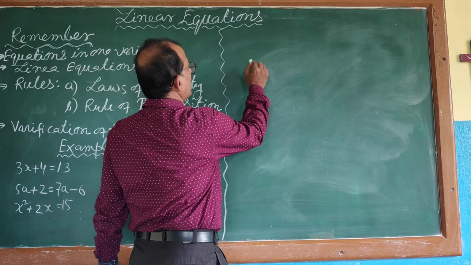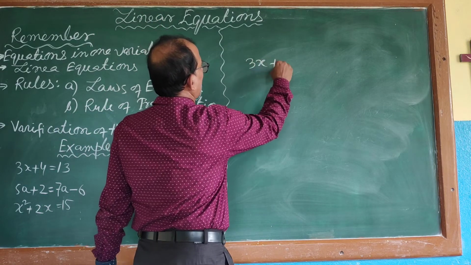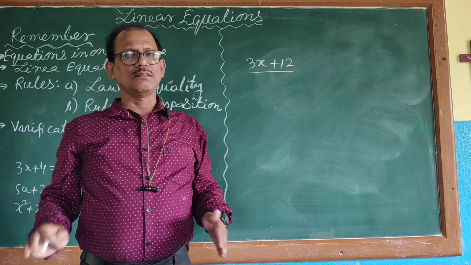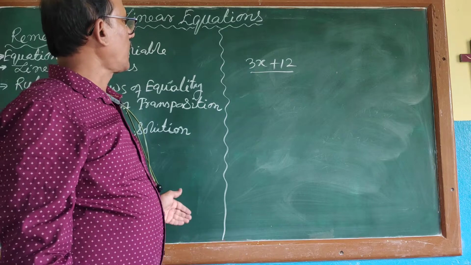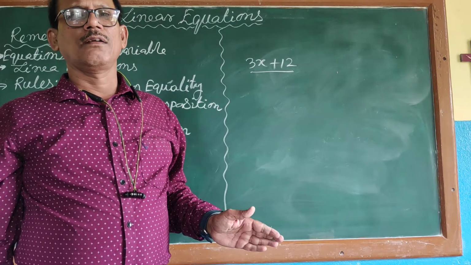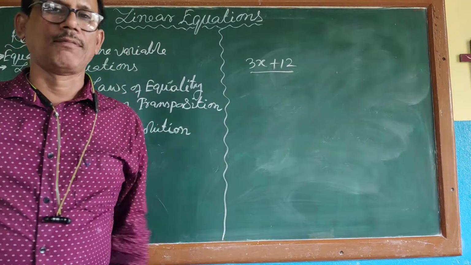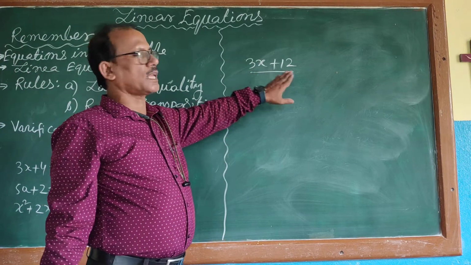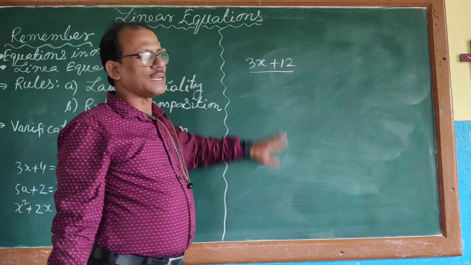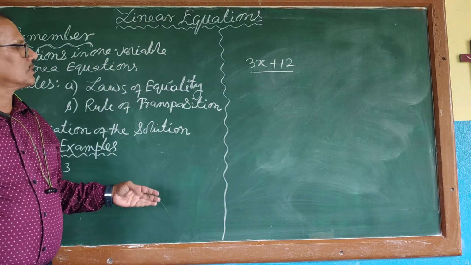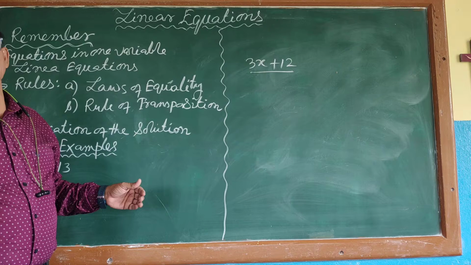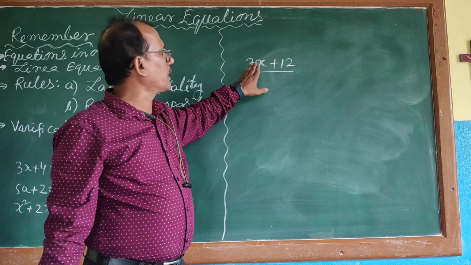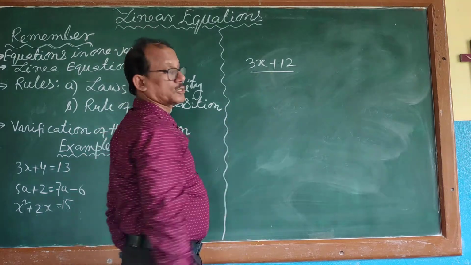Suppose you have x multiplied 3 times and 12 added. This can be said in a statement like the product of 3 and x added to 12, or the sum of 3x and 12, or 3 multiplied with x increased by 12. That way you can express it. When you express it, this is called an algebraic expression.